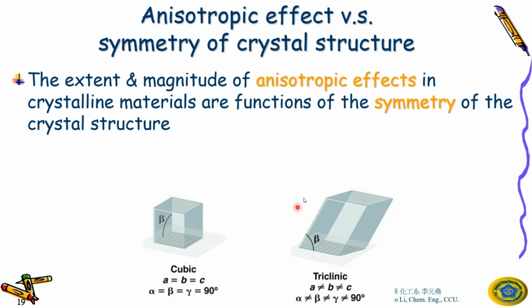The answer is the triclinic one. Why? Because the cubic one is symmetric. If you pull in this direction or this direction, it represents the same thing. However, for the modulus of elasticity in these 2 directions of the triclinic crystal, you get 2 different numbers. So this has a high anisotropic effect because of what we call asymmetry.